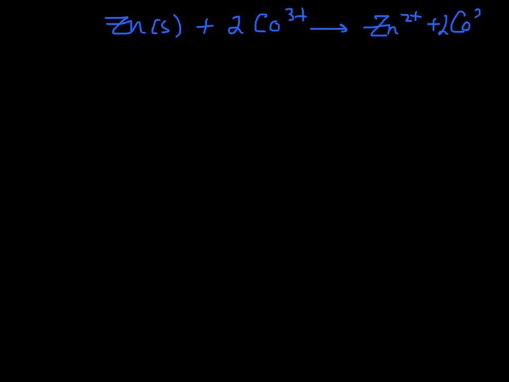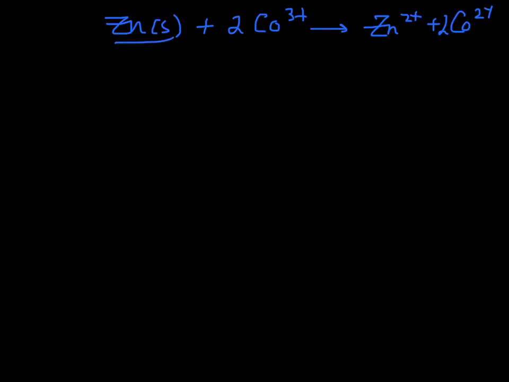Okay. Now, sometimes you're going to run into situations where you can't use the metal. So for instance, what if I took some zinc solid and I reacted it with cobalt 3 plus, and that turned into zinc ion and cobalt 2 plus.